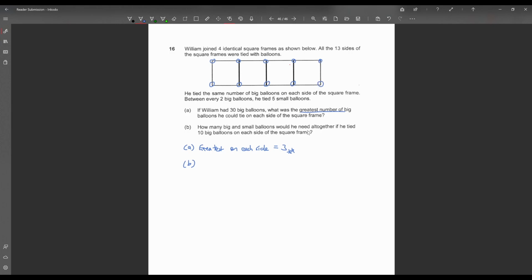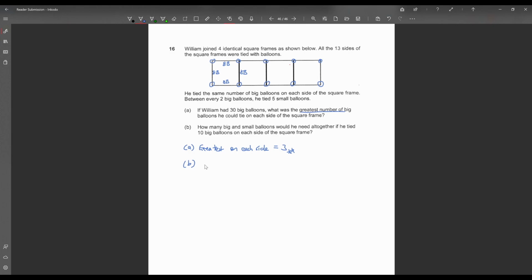Then the question states that there are 10 big balloons on each side of the square frame. So there are 10 big balloons here and here. That means there are 8 big between the corners as such. And for each of the 13 sides, there are 8 big.